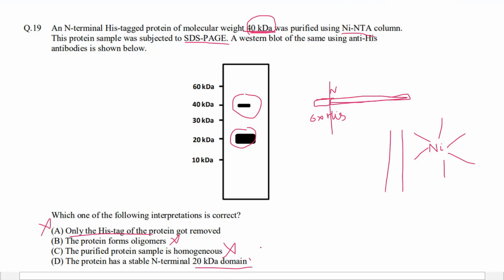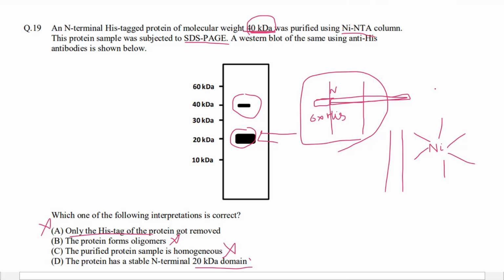The N-terminal portion along with the his tag is showing up in the gel, and the total protein is also shown along with the 20 kilodalton stable subunit, which has the N-terminal his tag. That is why both are getting shown.